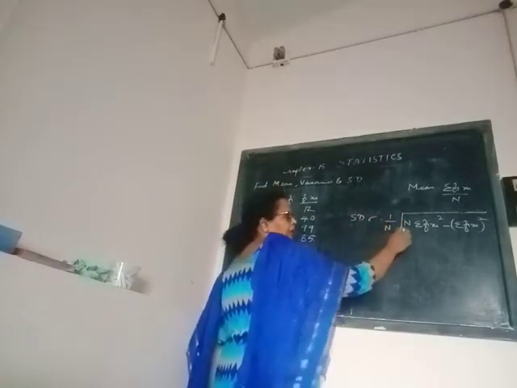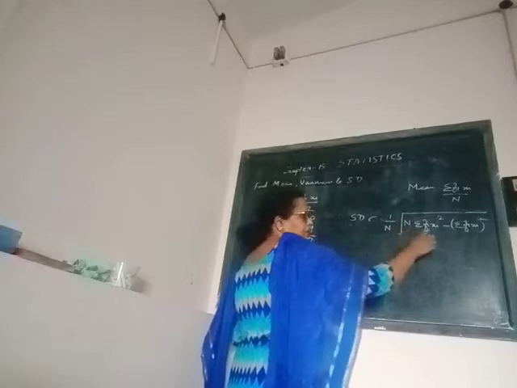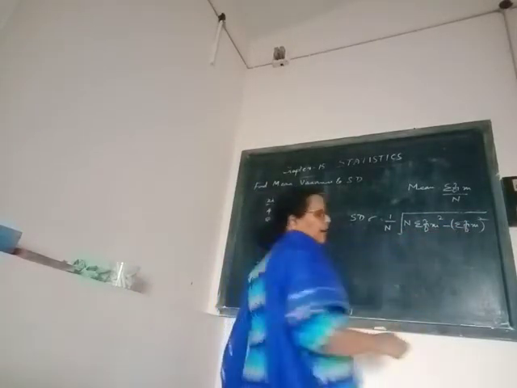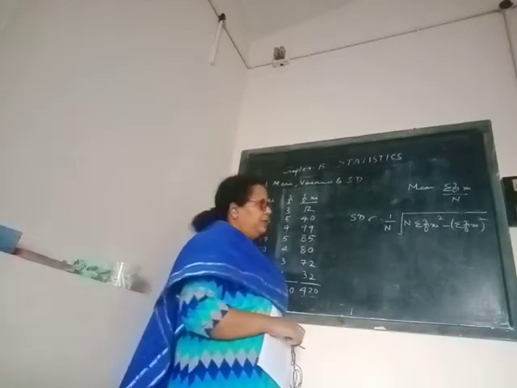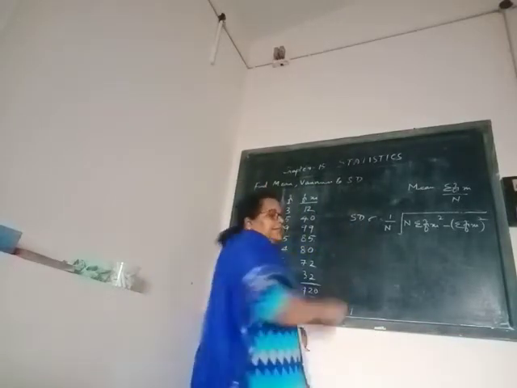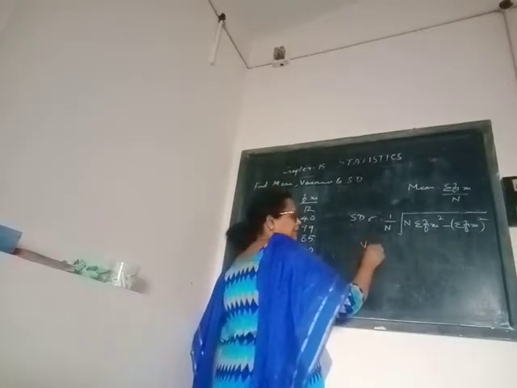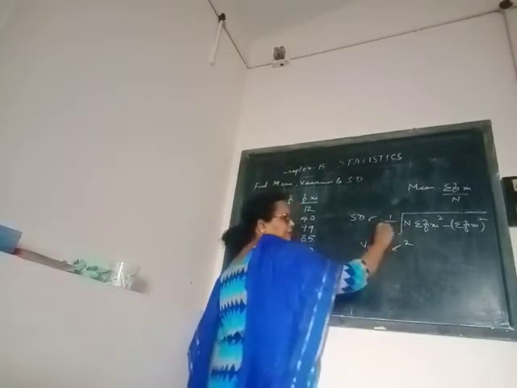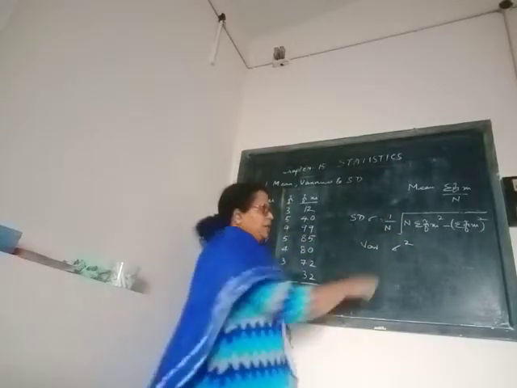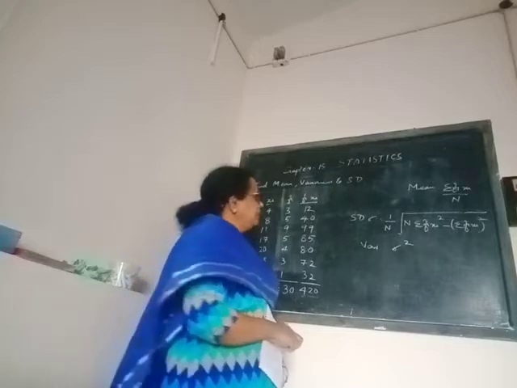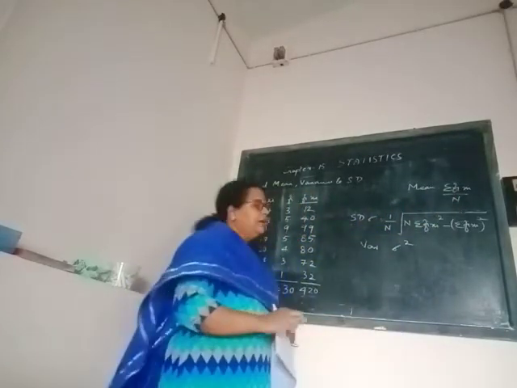Sigma is 1 by n root of n sigma fi xi squared minus sigma fi xi whole squared. Here we will get standard deviation first. Then we have to find variance as sigma squared. Once we get the standard deviation, square that number. Then we will get variance.